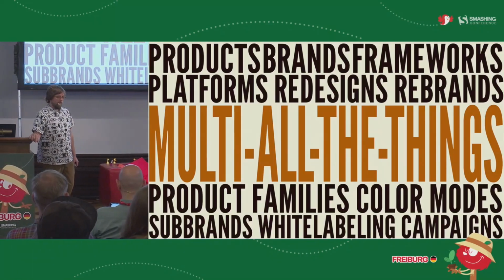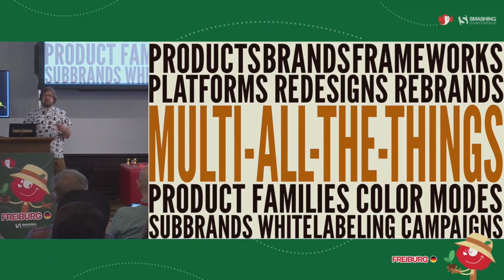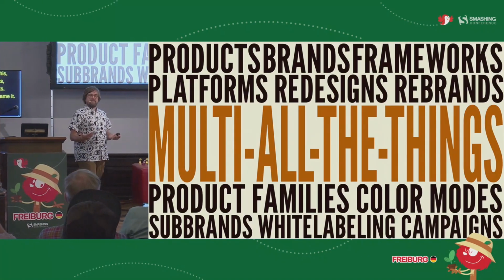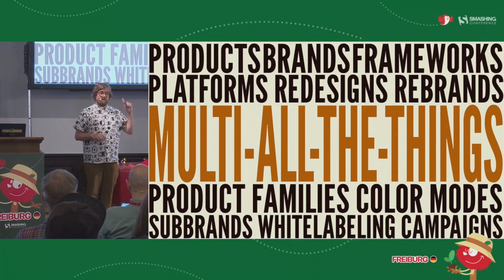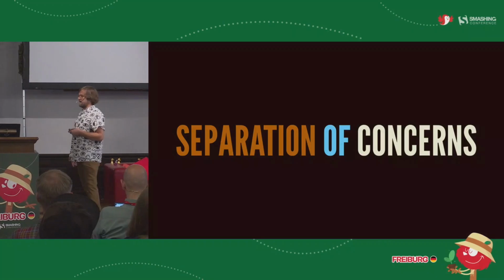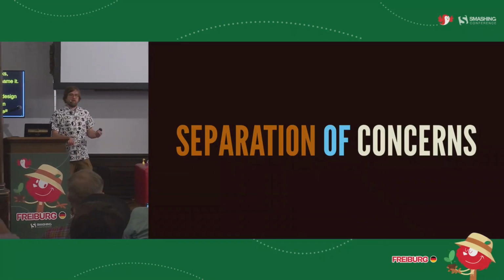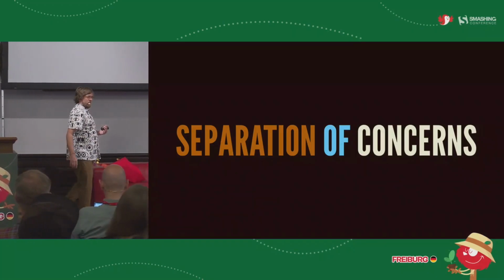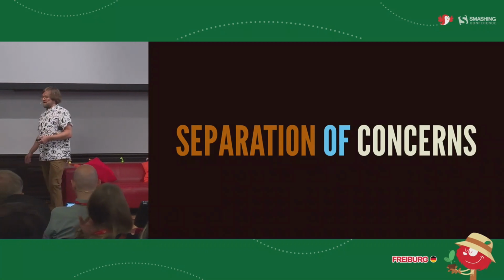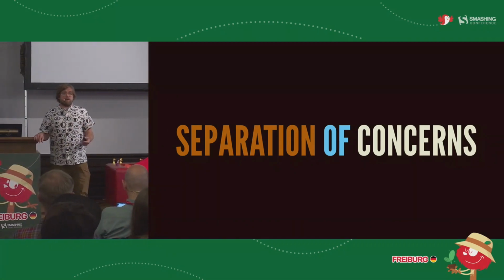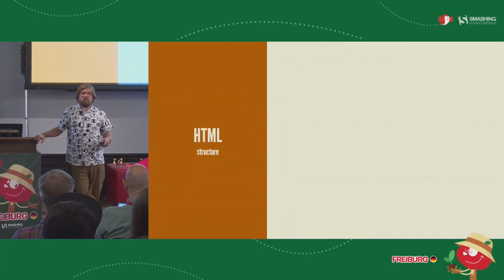It's hard. So in order for a global design system or any of our design systems to support this multi-all-the-things reality, we need to revisit this old concept that was introduced in the 1970s called the separation of concerns. And we mostly know it through the three languages of the web.